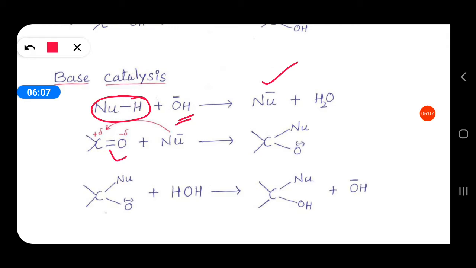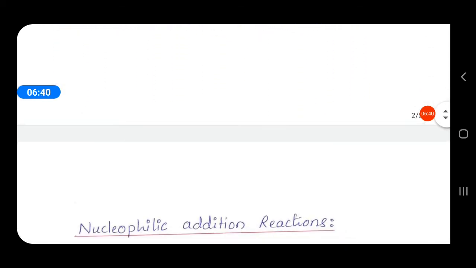The electrons are shifted to oxygen and carbon becomes plus. A new bond is formed, giving O minus, which takes hydrogen from water or the solvent and becomes the addition product. So these are the two types, either acid catalysis or base catalysis.